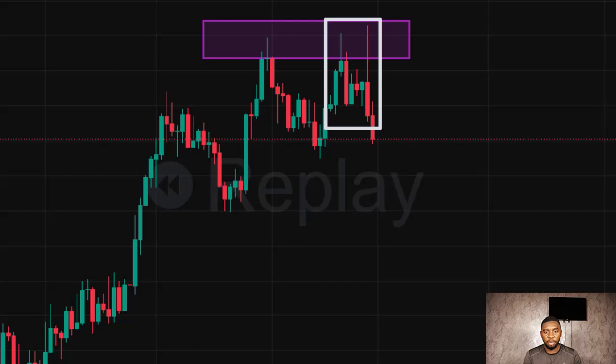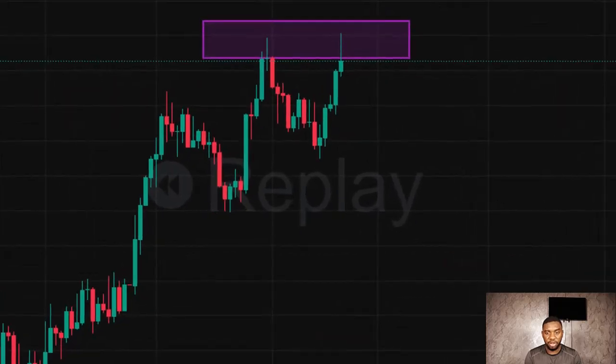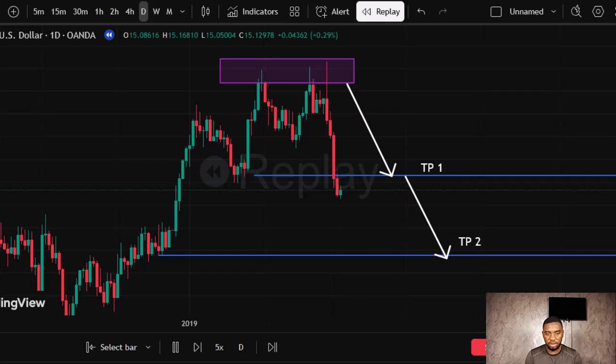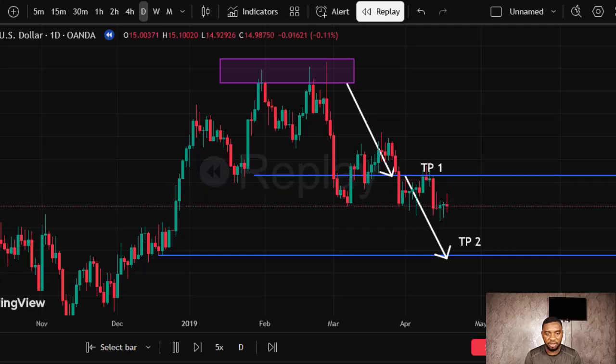Risk management. Place stop loss orders beyond the extreme of the liquidity grab to avoid being caught in another potential sweep. Profit targets. Aim for the opposite side of the established range or the next significant support or resistance level.